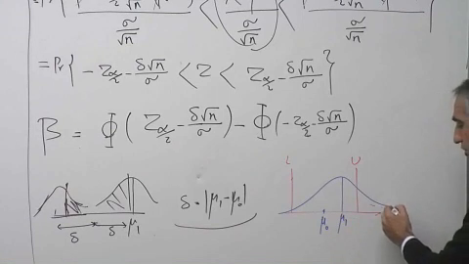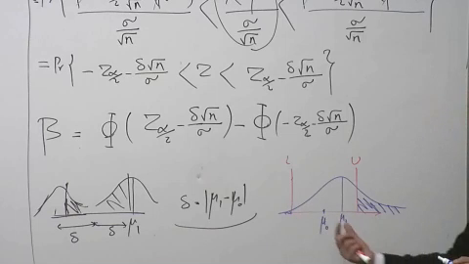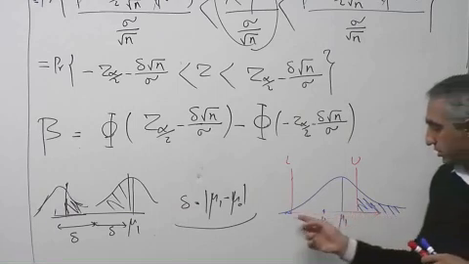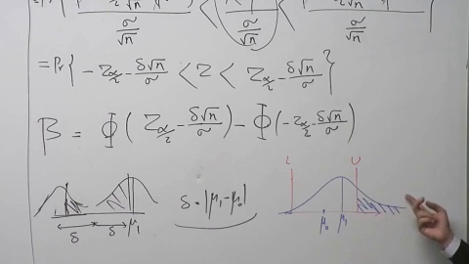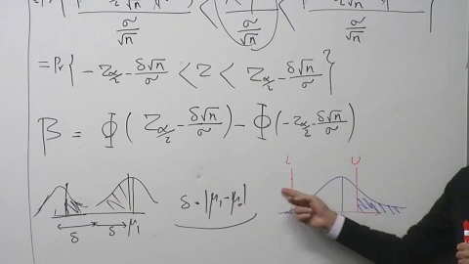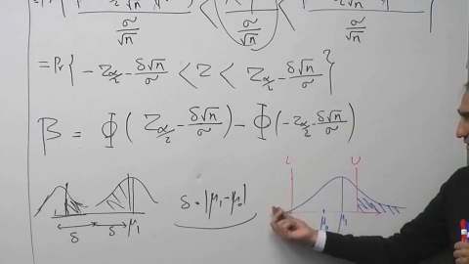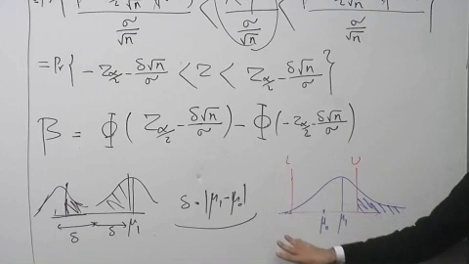These are rejection regions, and this is the acceptance region. If your shift is on the right side, the rejection region for one side is much bigger than the other one. So most of the time, this probability is very small. So we can drop it.